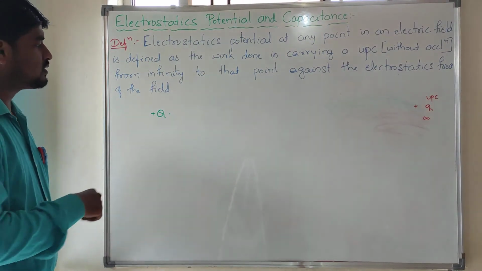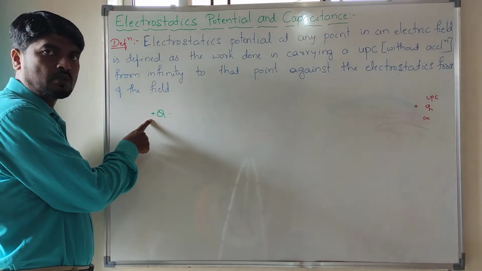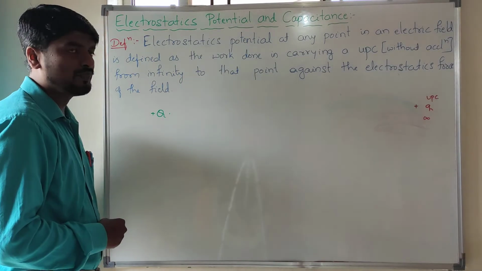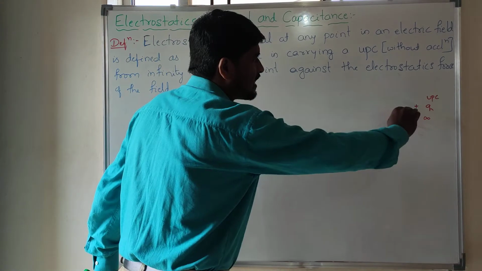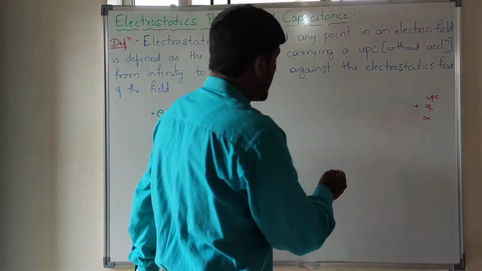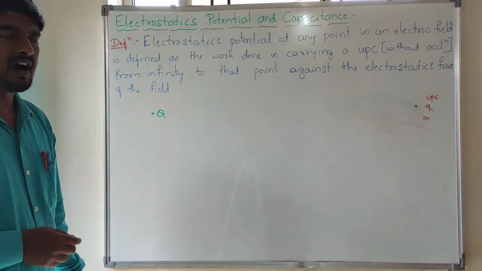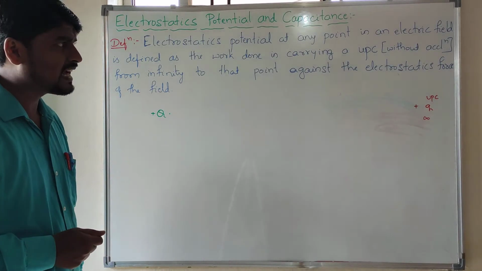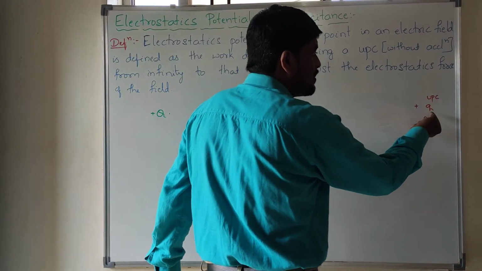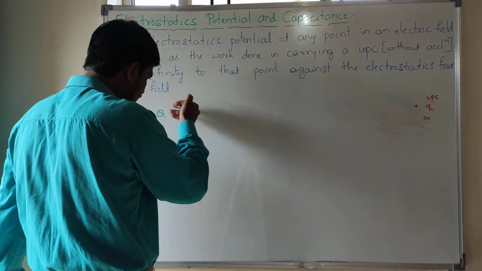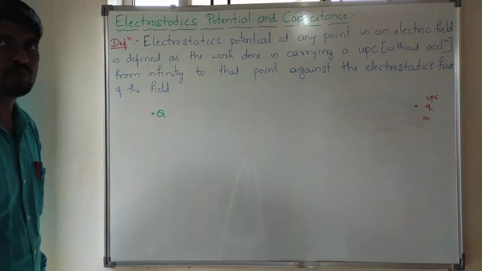Even in this condition, the positive charge is producing an electric field which is radially outward, with the electric force in this direction, and I am decreasing the distance from infinity to a small distance, say r or x. At that time, I am bringing this positive charge from infinity against the electric field produced by the point charge plus Q.